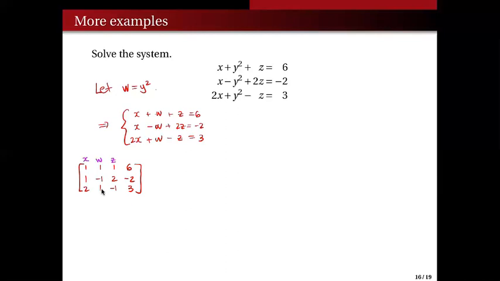This column here, the second column, it's w. And take note, our original variable was y squared or y. But for the moment, let's work on this augmented matrix where the second column is the column of coefficients of w.